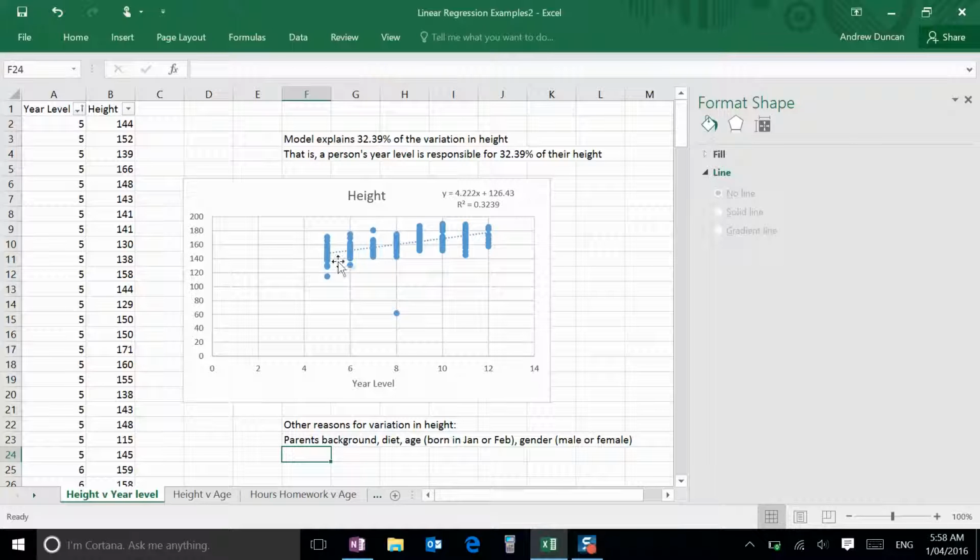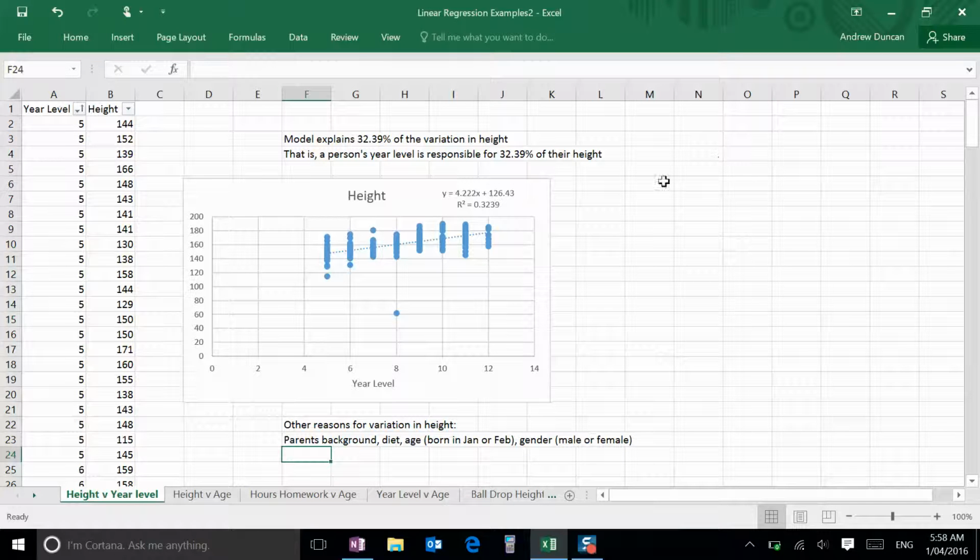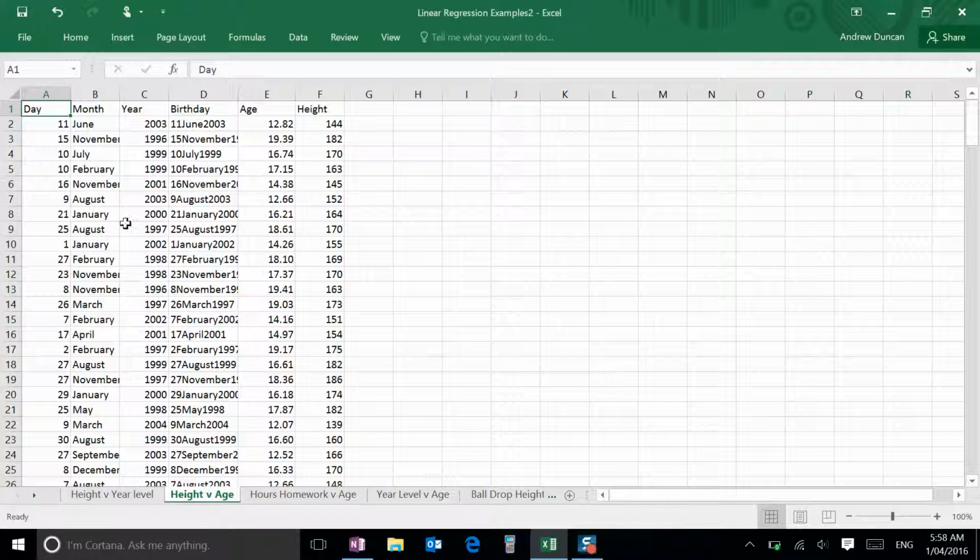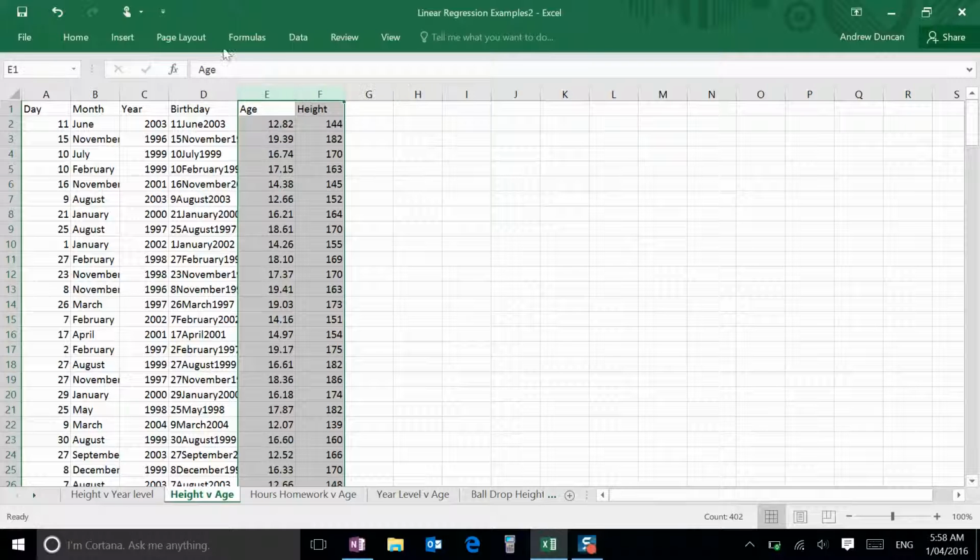So this linear model that we've tried to fit may not be the best model to fit. Our theory that as a person's year level increases, their height increases, it's true, but there's other reasons for people having this varied height. So I'll try and get a bit more specific and do a bit more analysis. The people actually put their birthday in here as well, so I've just mashed it into Excel to see if I can graph their age versus height.